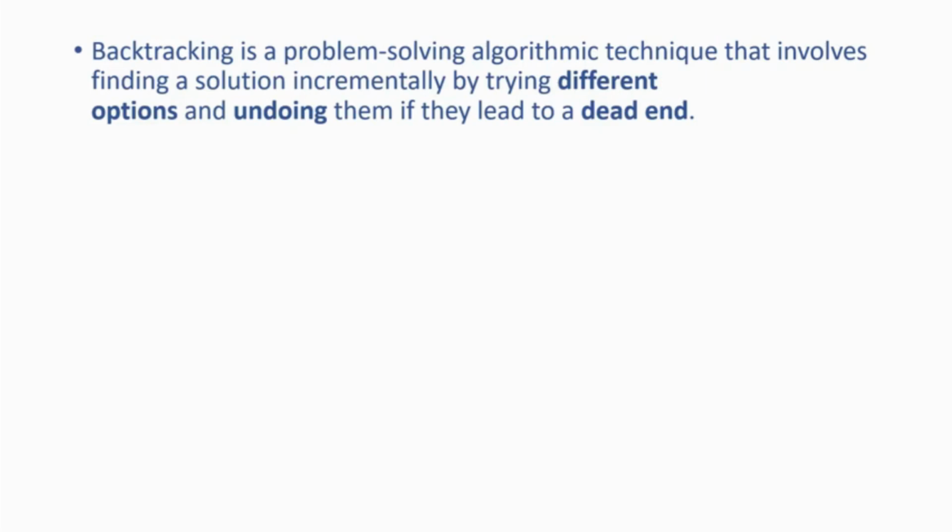So backtracking is an algorithmic technique for solving problems by finding a solution incrementally. It involves trying different options and undoing them if they lead to a dead end.